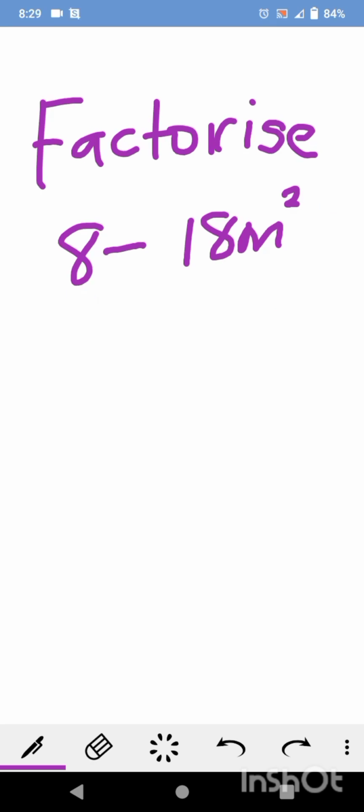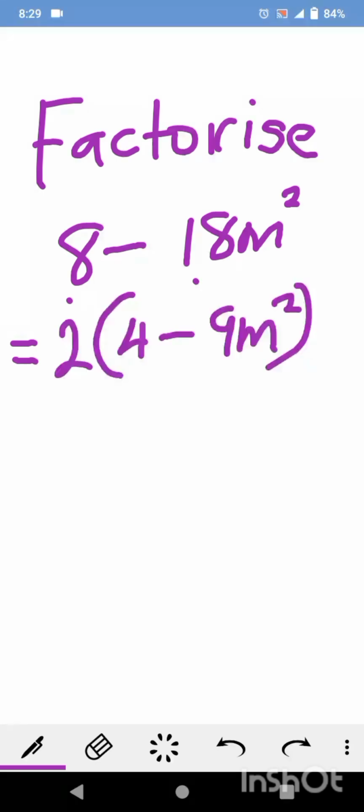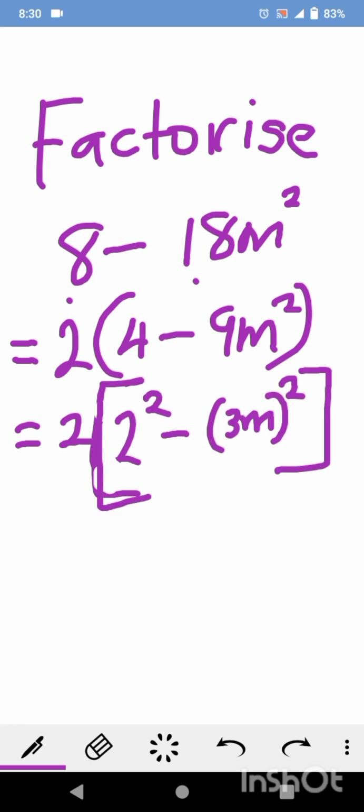Okay, so let's learn how to factorize this. Now obviously they are not perfect squares, so we can express them as a squared minus b squared. So we have to factor out 2, and that will give us 2 open brackets 4 minus 9m squared. Now we have to express 4 and the 9 in the form of a squared minus b squared, and that would be, of course, 2 squared minus 3m all squared.